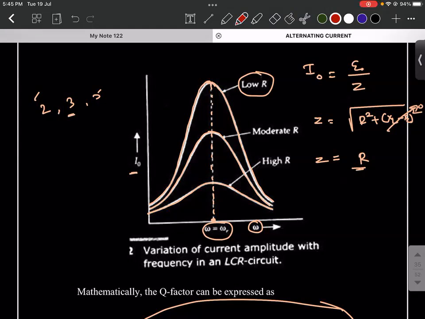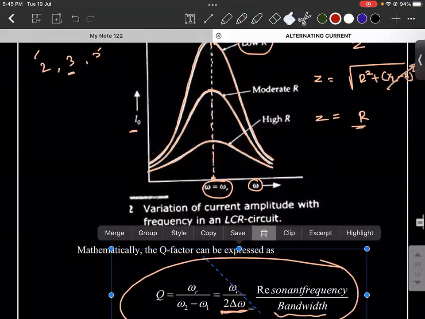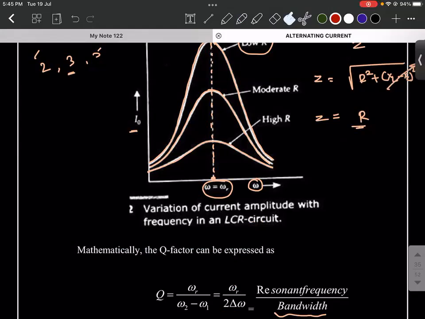Done. So for you to define the sharpness of resonance, you need a term called quality factor, or in simple terms, the Q factor.